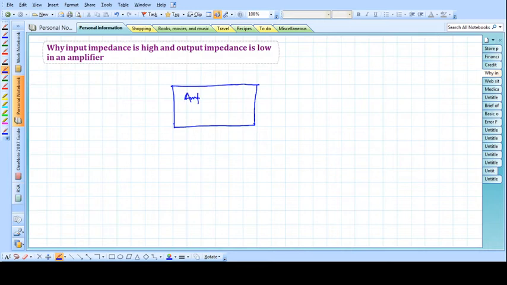Basically, what I am making here is an amplifier having some amplifier gain, that is our AV. This amplifier has an input side and an output side. For any amplifier we need an input source, so we are making an input source.